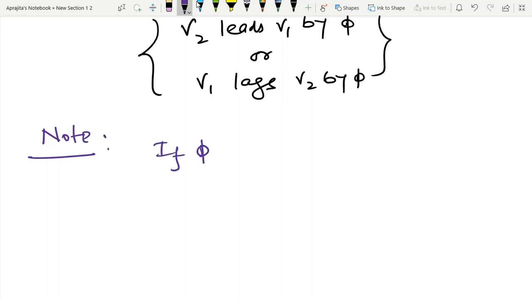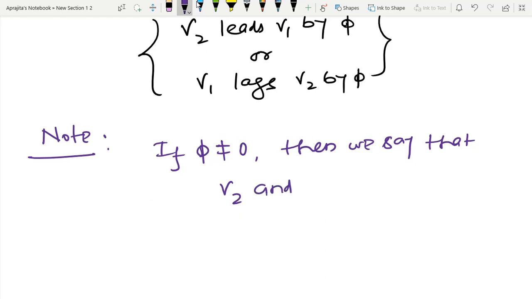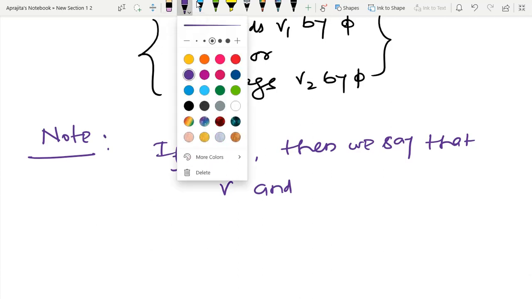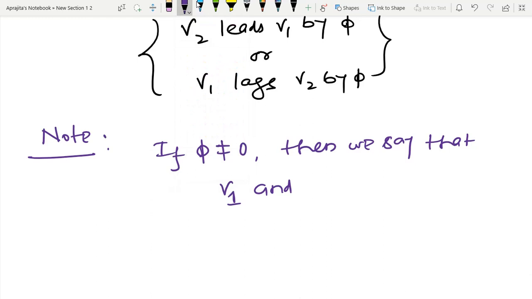If phi is not equal to 0, then we say that V1 and V2 are out of phase.